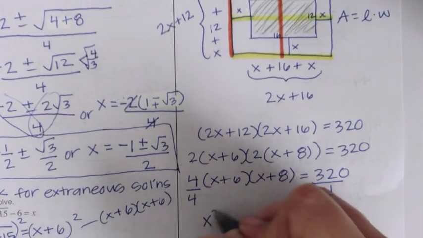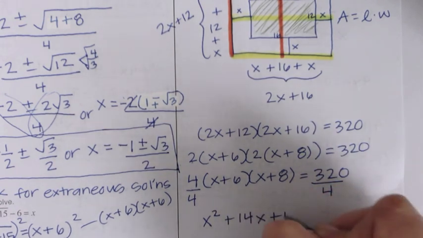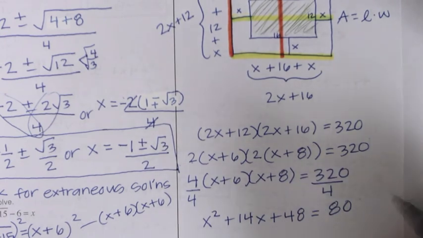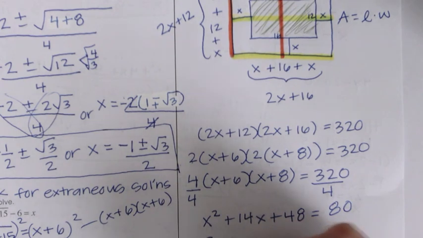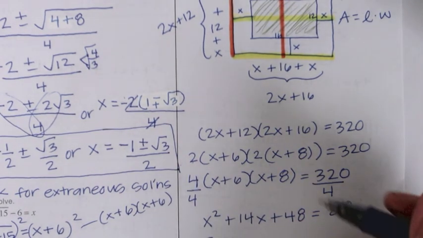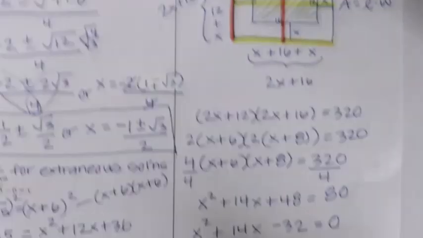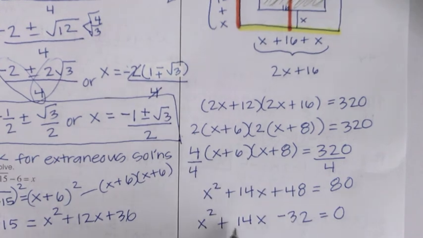And then I'm going to FOIL this, so I get x squared plus 14x plus 48 equals 80. And then because it's quadratic, I'm going to subtract.